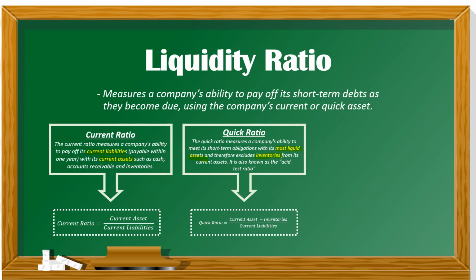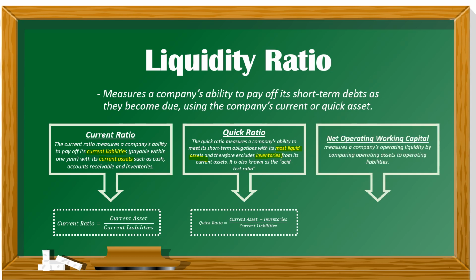Okay, so for the last type of liquidity ratio, we have the net operating working capital. It measures a company's operating liquidity by comparing its operating assets to its operating liabilities.